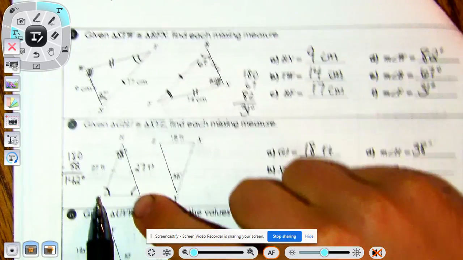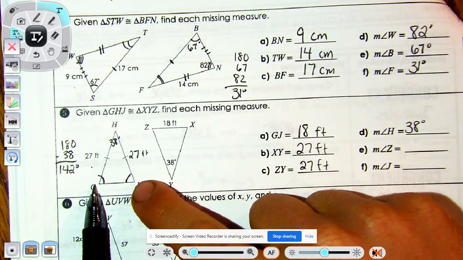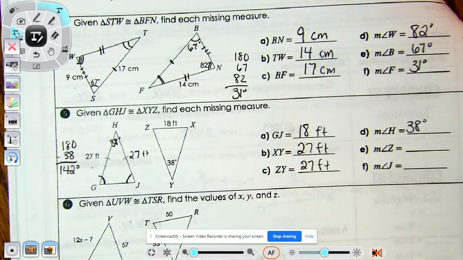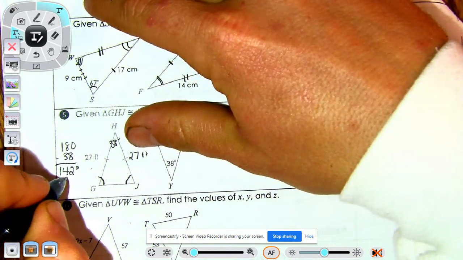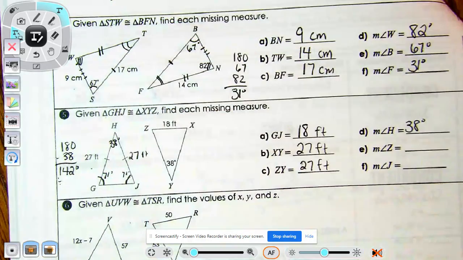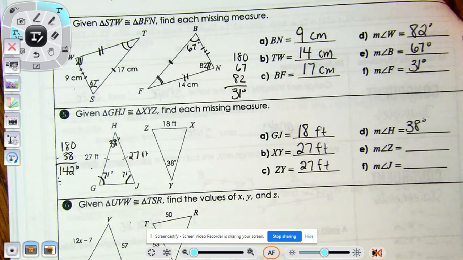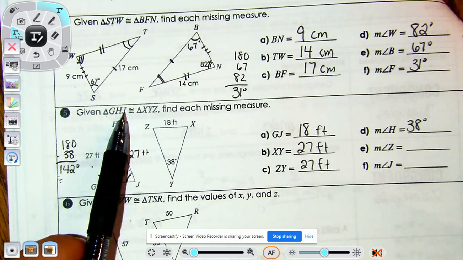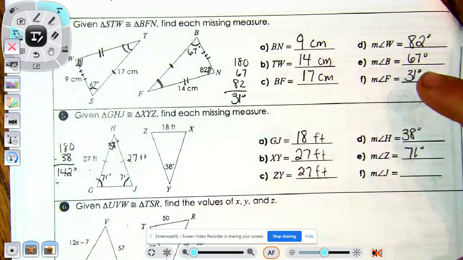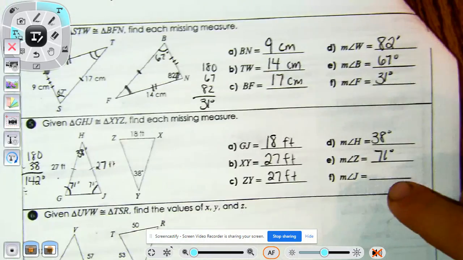So I would take that 142 and divide that by 2, and find that both of these angles are 71 degrees. So they asked me about angle Z. Z was corresponding with J. So Z is going to be 71 degrees. Down here as well. All right, asked me about J. We just said that one was 71 degrees.